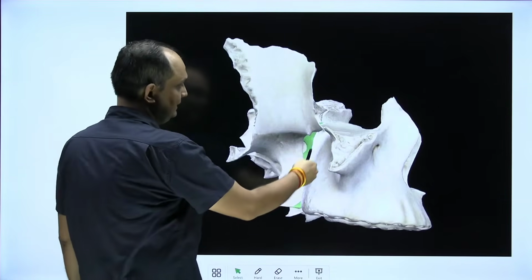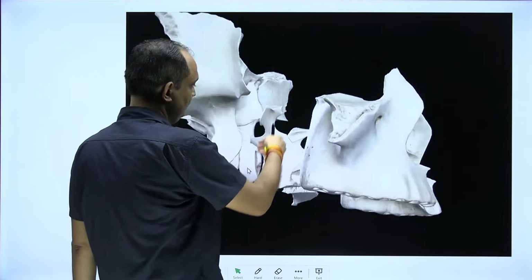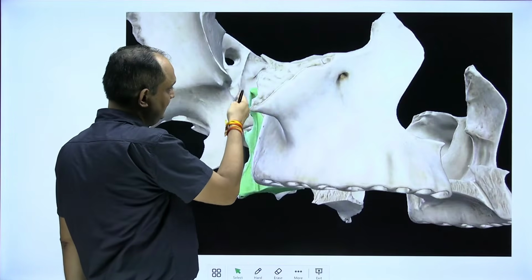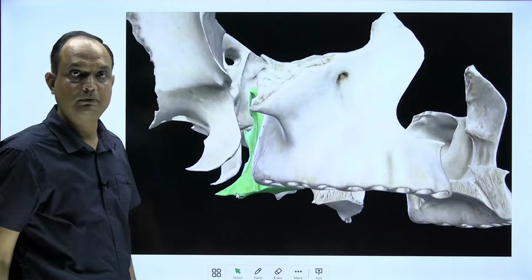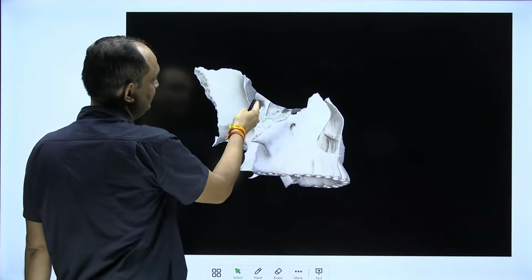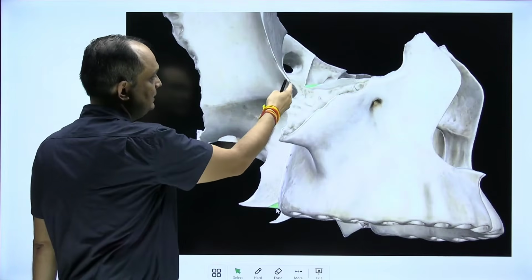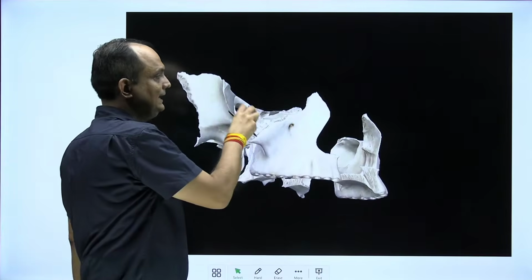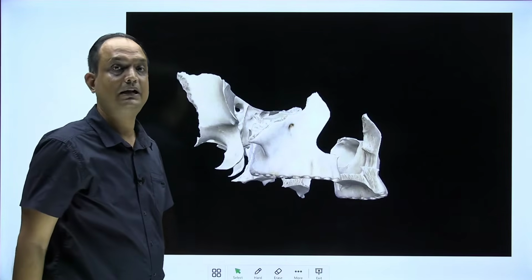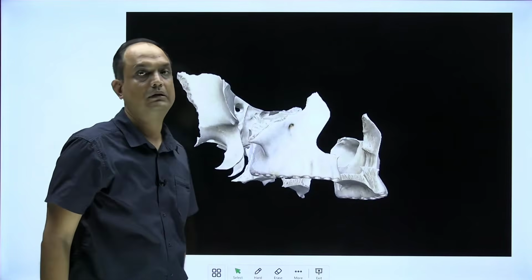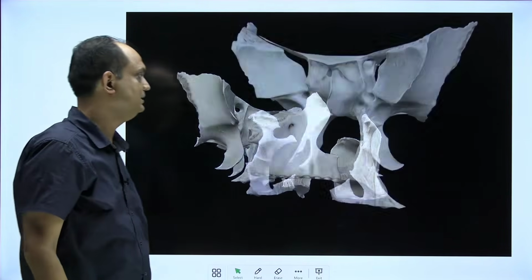Second, the perpendicular plate of the palatine bone lies on the inner side of the fused part of the pterygoid process, and once it lies on the inner side, the foramens of these two bones come on the outer part and enclose a gap known as the pterygopalatine fossa. Clear? So this is a very important concept to understand.